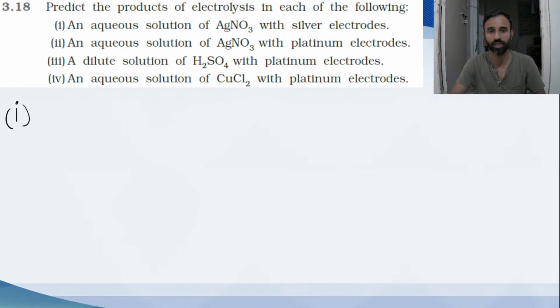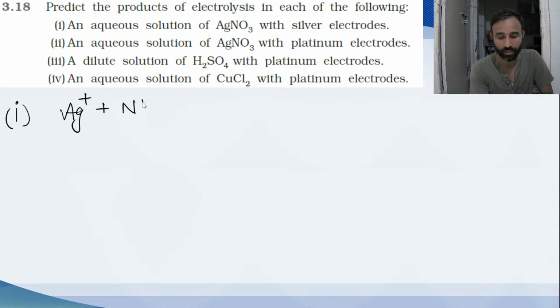See, in aqueous solution of silver nitrate, we have Ag+, NO3 negative. And solution is aqueous, so there is H+ as well as OH negative.